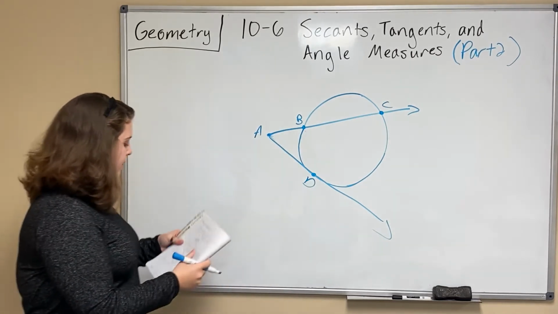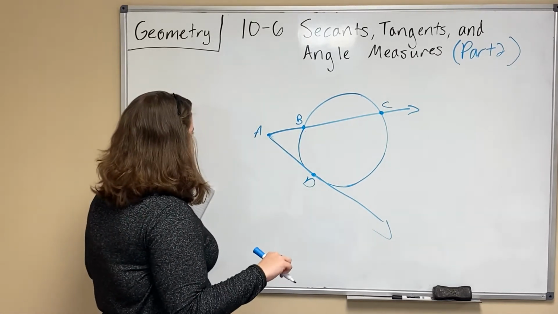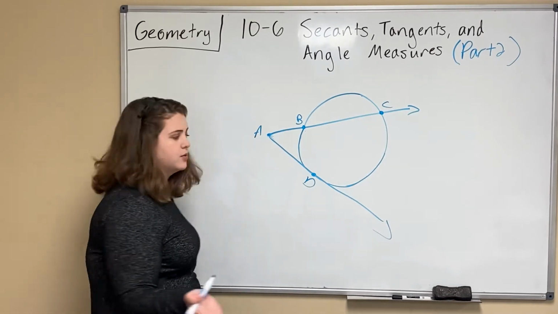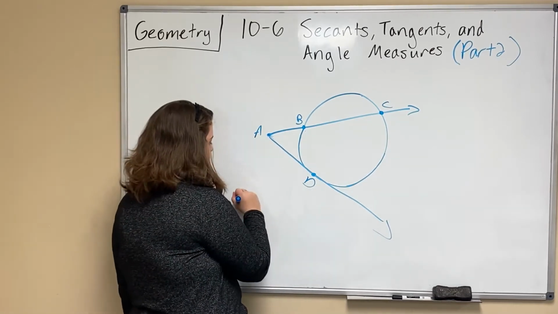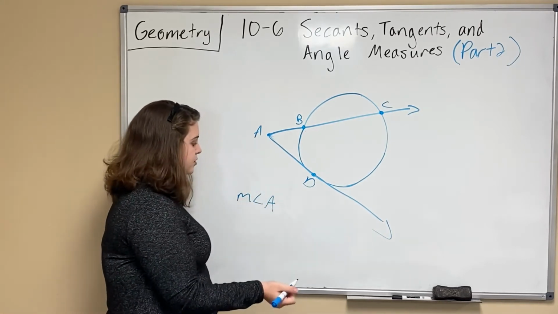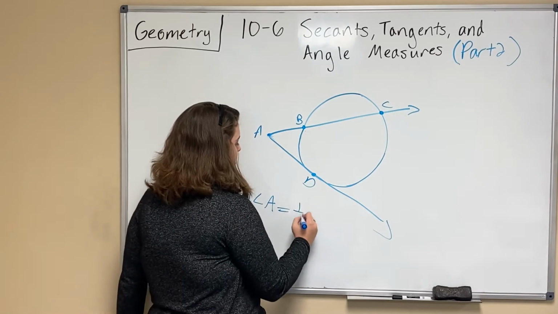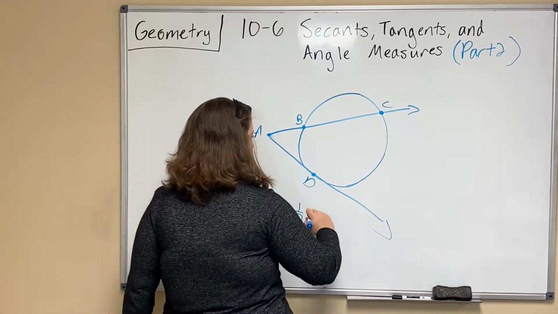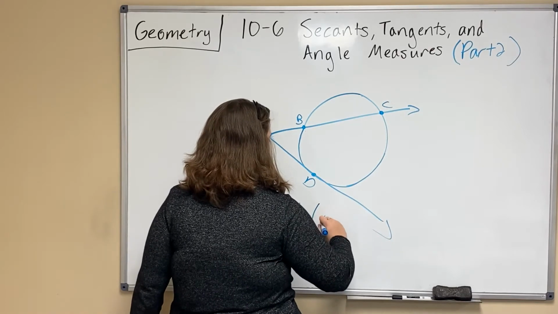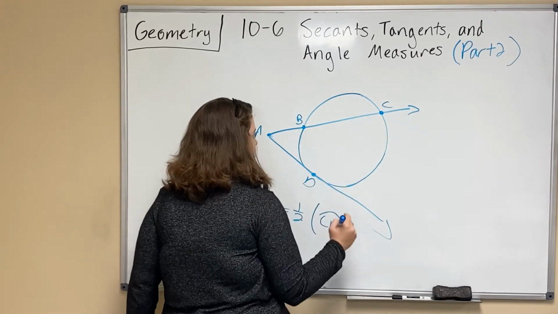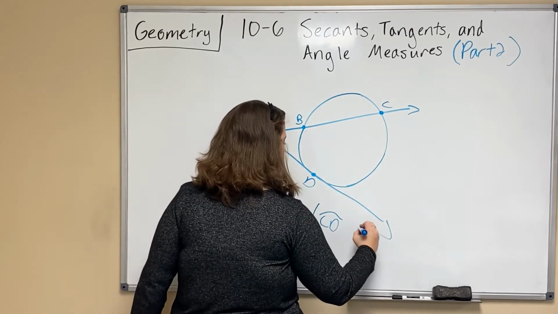Okay, what we can know about a secant and a tangent is that it's going to be the same. The measure of angle A is still going to equal 1/2 of my big arc CD, minus my small arc, BD.